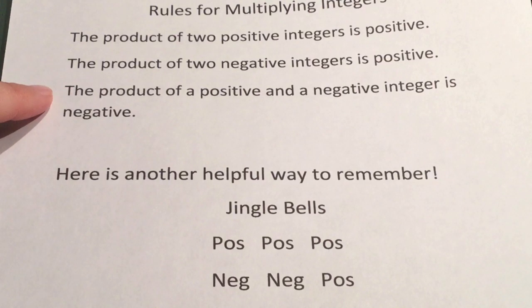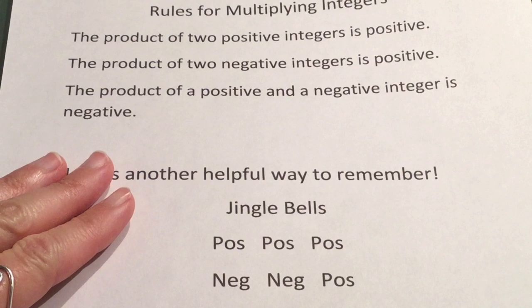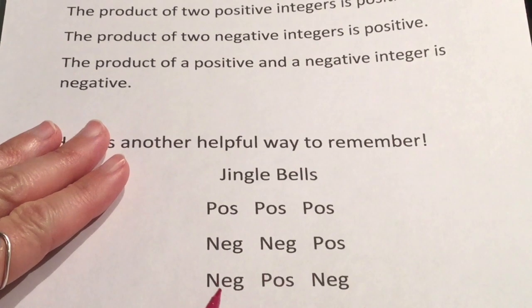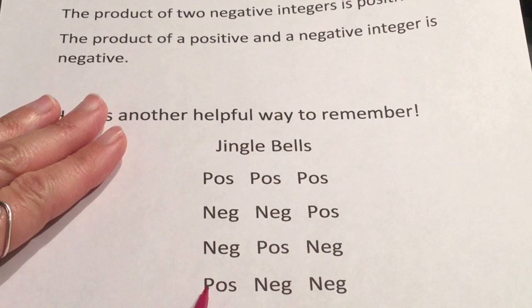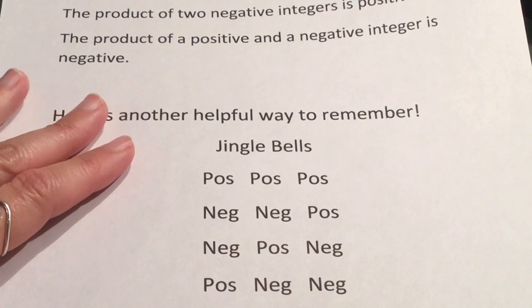The product of a positive and a negative integer is negative, so if you have one of each. Okay, so in the song it says a negative times a positive is a negative. Neg, pos, neg. And then the last line is just that switched around. So in other words, these two last lines say the same thing. A positive times a negative gives us a negative. Pos, neg, neg.